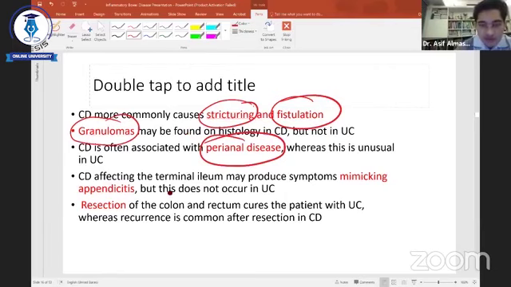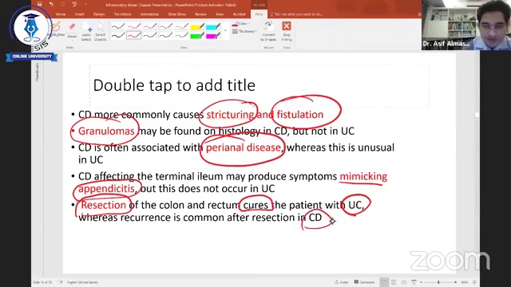Now, as we have just discussed, Crohn's disease involves the terminal ileum, and it may produce features mimicking appendicitis. That does not occur in ulcerative colitis. In fact, remember, in Crohn's disease, abdominal pain is common, but in ulcerative colitis, usually there is no abdominal pain. Resection surgery may be curative in ulcerative colitis, but it is not curative in Crohn's disease.